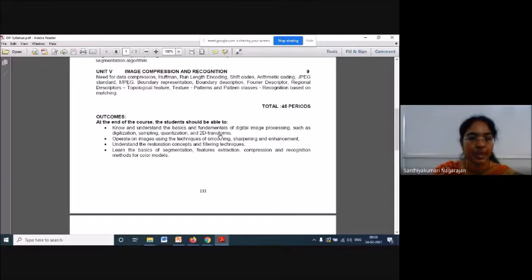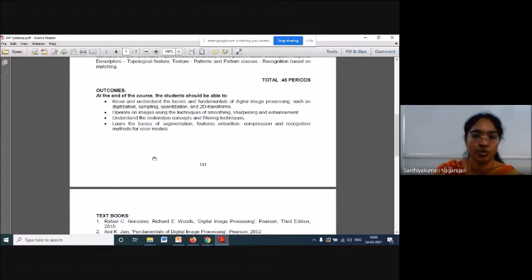It's easy for you to operate on images at the end of this course using techniques such as smoothing, sharpening, and enhancement, and to understand restoration concepts and filtering techniques in a deeper way. You'll also learn basic segmentation, feature analysis and feature extraction, and compression and recognition methods for color models.